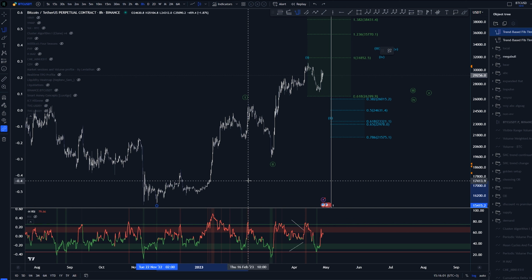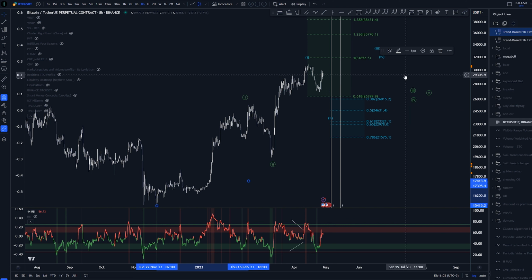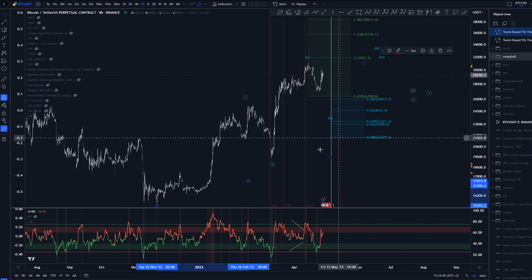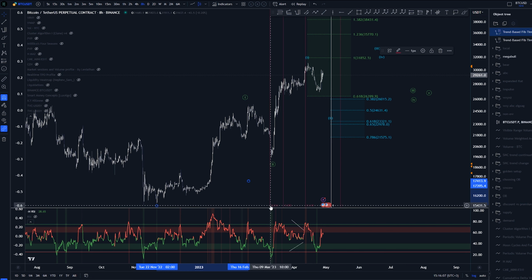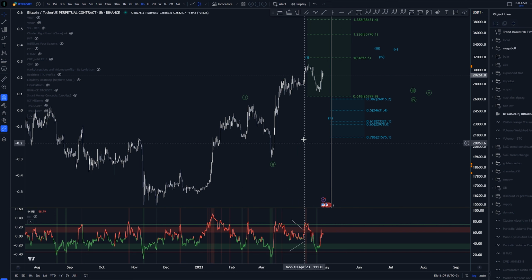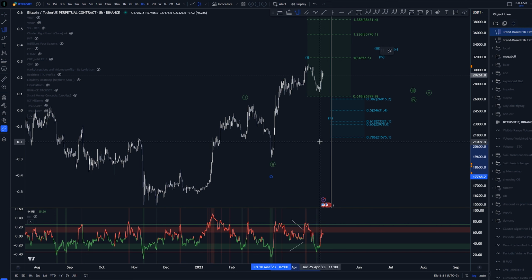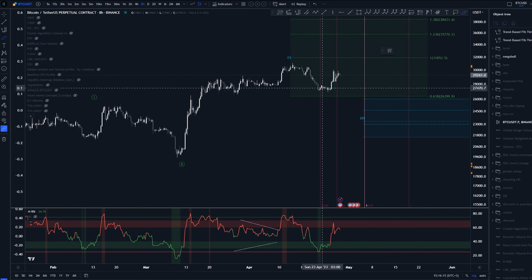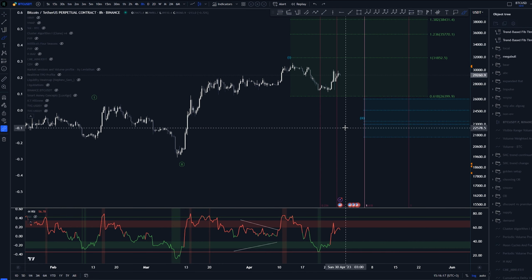I think it was the 23.6 as the minimum time. So if we are looking at that same 23.6, we can see that there is a chance that this whole structure has already bottomed here.